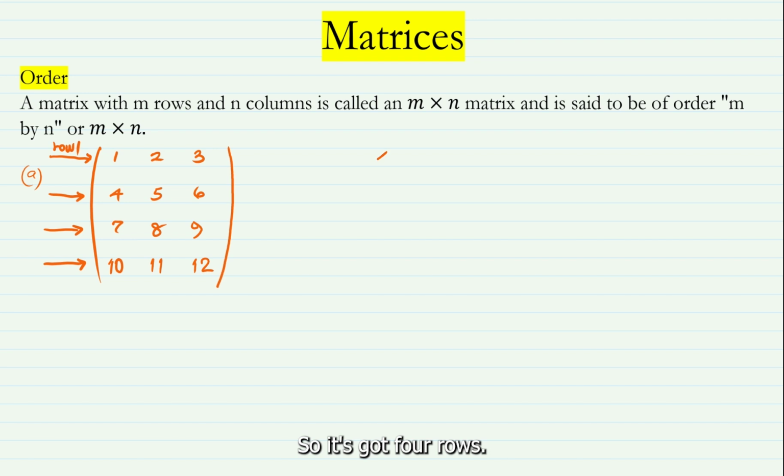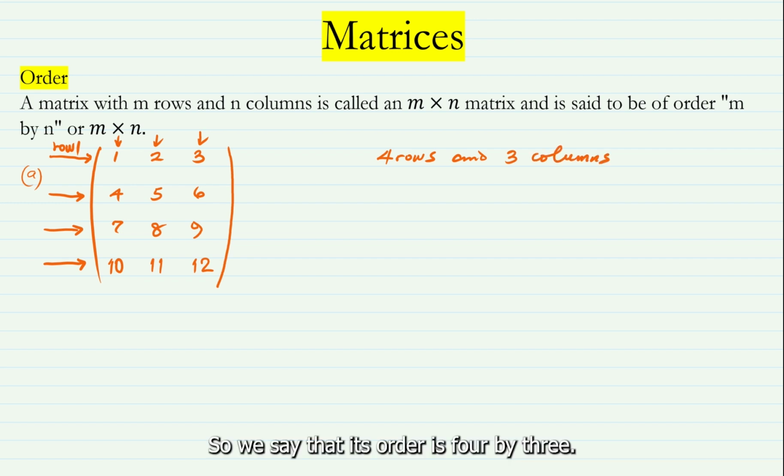So it's got 4 rows, and then column 1, column 2, column 3, and 3 columns. So we say that its order is 4 by 3.